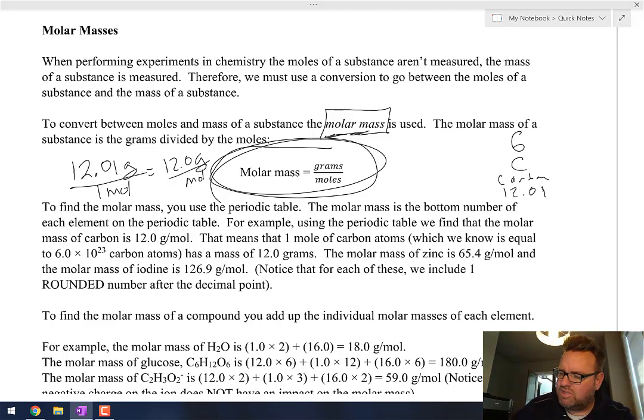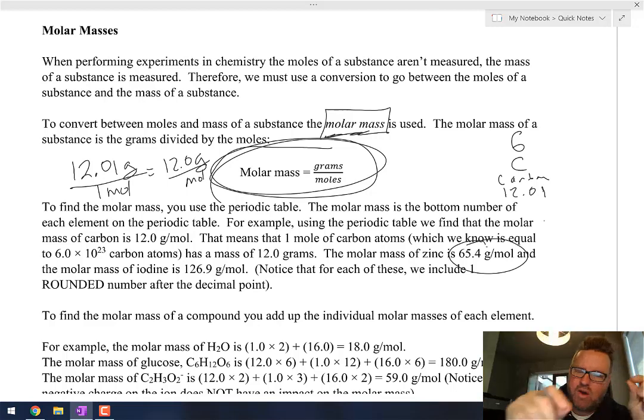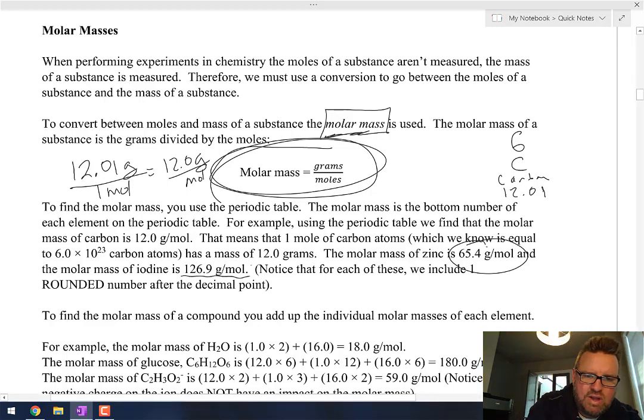Okay, for example, zinc. Zinc has a molar mass of 65.4. And what that means is that 1 mole, or 6.02 times 10 to the 23rd atoms of zinc, if you could count them out and put them on a scale, they would have a mass of 65.4 grams. Iodine, another one, has a molar mass. Look at iodine on the periodic table.